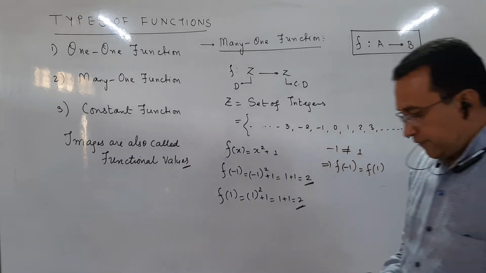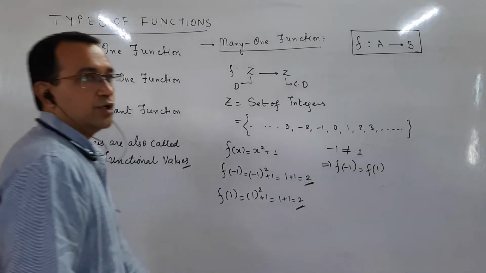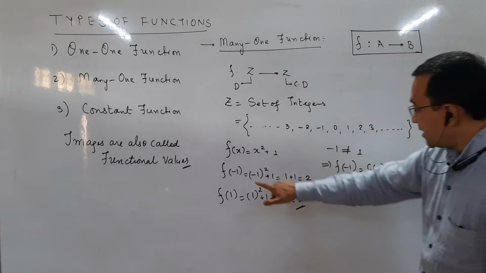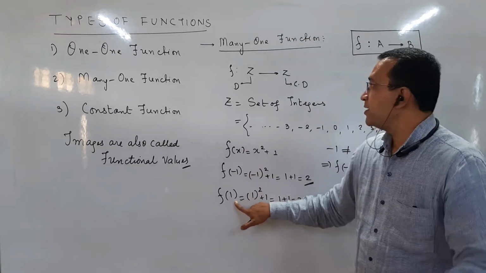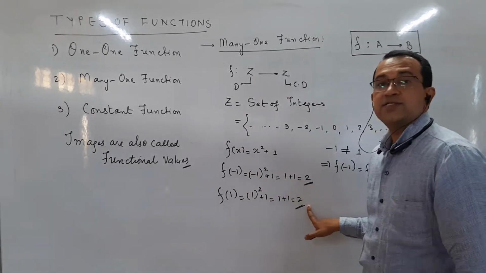Suppose, students, f is a function which is defined from domain A to codomain B. For any two distinct elements of domain, if their images or functional values are same, for example, minus 1 and 1 are distinct elements of domain Z, their images 2 and 2 are same.